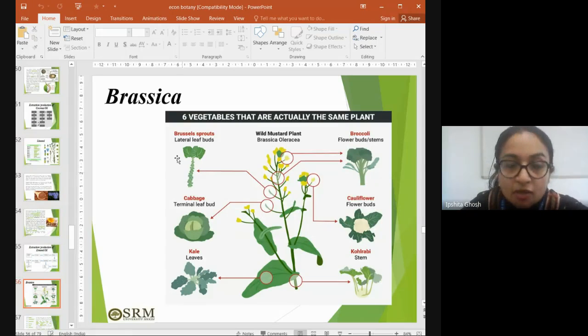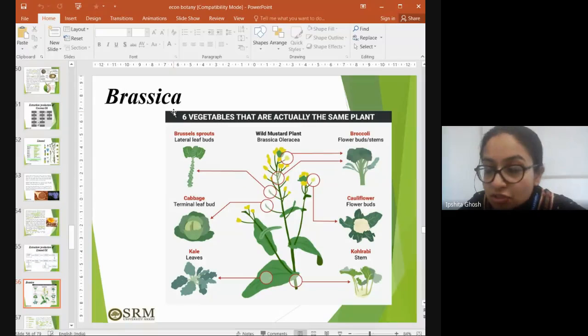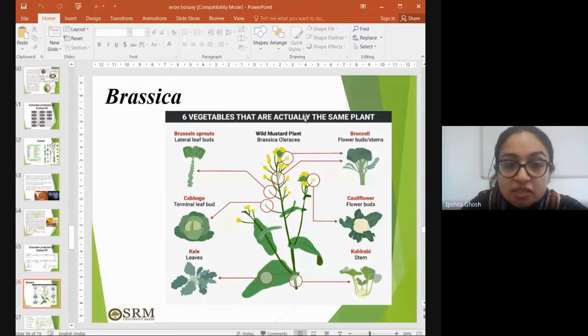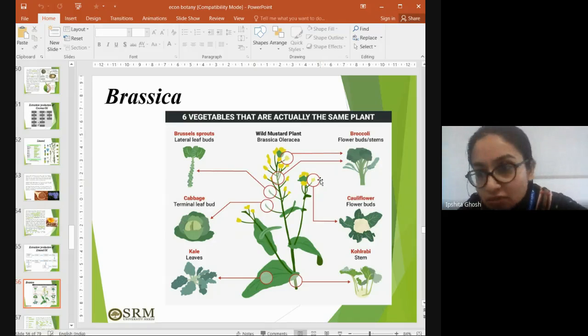Now we come to Brassica. Brassica is a genus, and it is very interesting because more or less each and every part of the plant is something we eat. There are six vegetables that are actually the same plant.